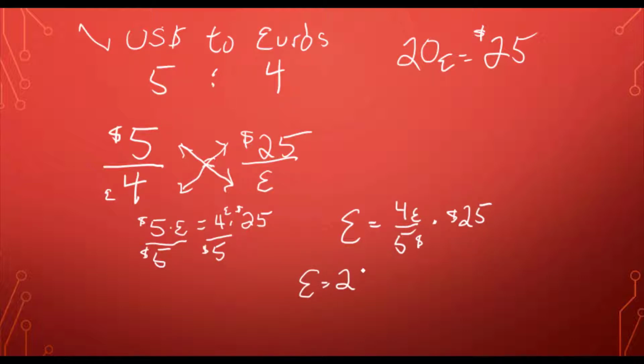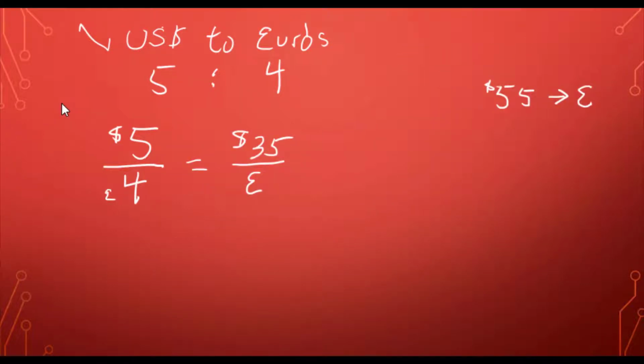So 20 euros is the same as $25. But notice what I have here. That's the result of my cross multiplying and dividing and working it through. I basically have euros equals 4/5 times the number of dollars that I was trying to convert. So it's a little confusing, don't worry about it. We'll go over it again.